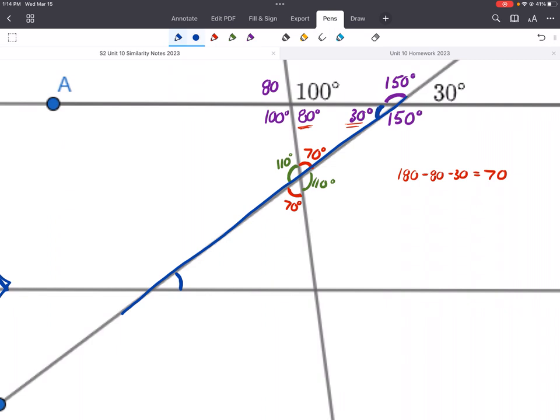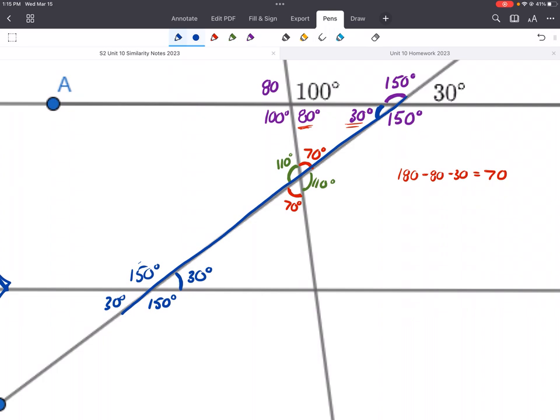That's kind of the hard thing, seeing where I'm marking. So that means that this angle in the bottom also has to be 30 degrees. And for the same reason, we could say that this is 150 because those are alternate interior angles. Or you could just do adjacent angles and that would give you the 150. So this is also 30, this is also 150.